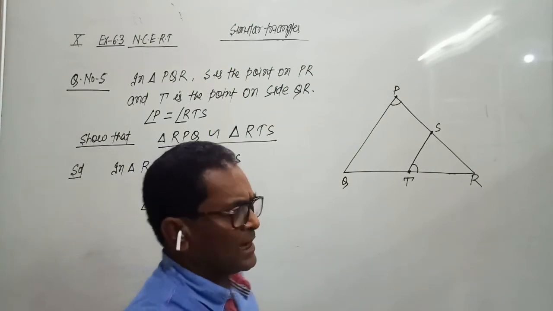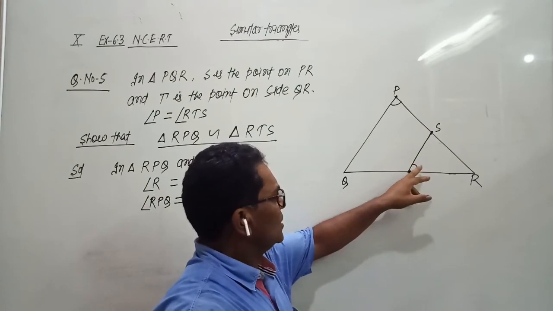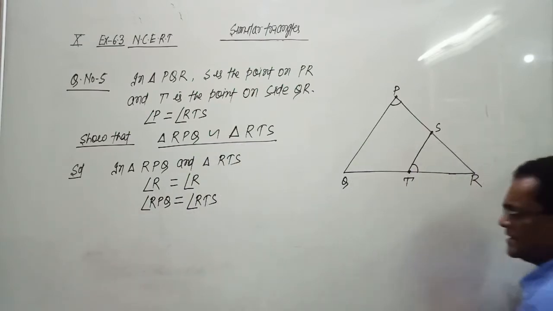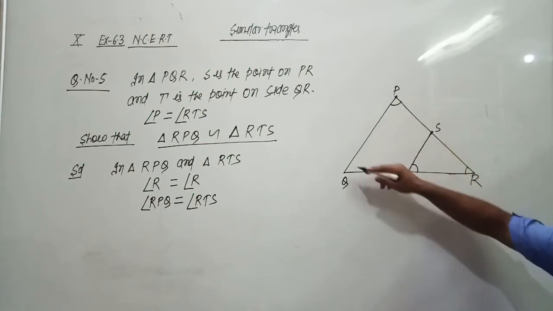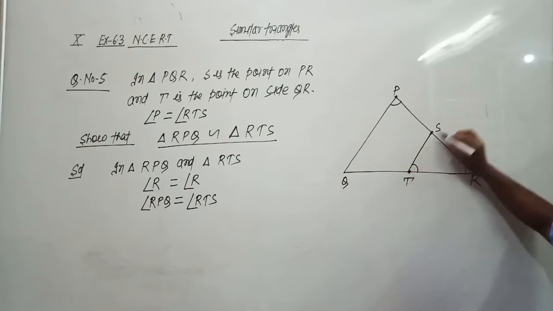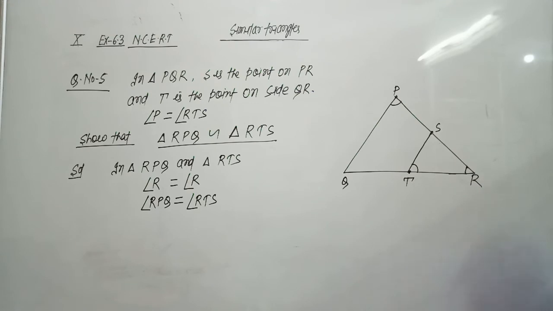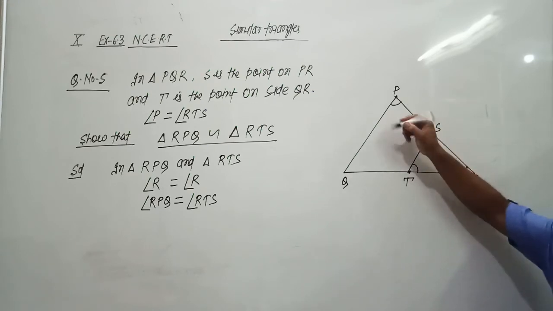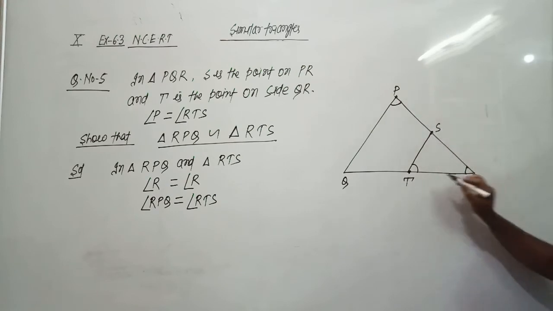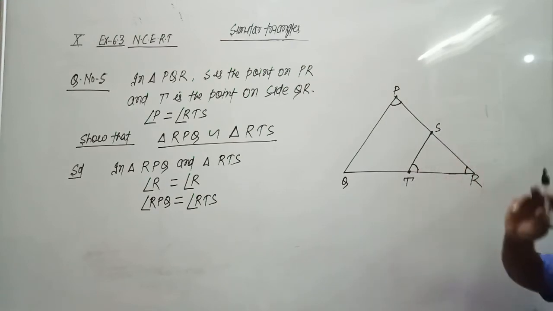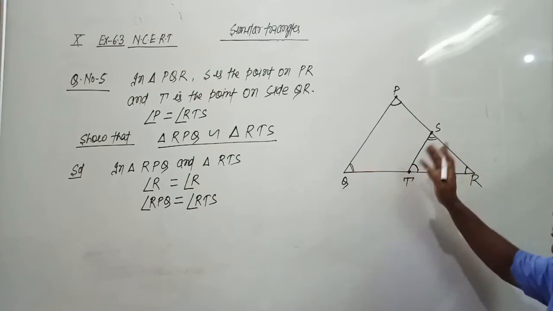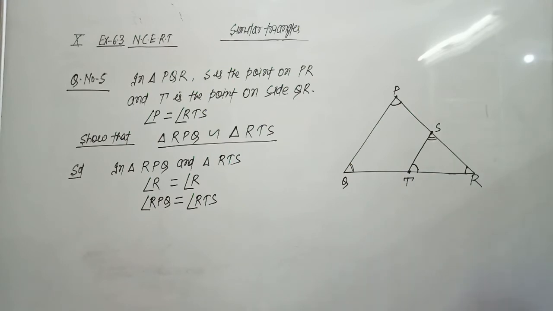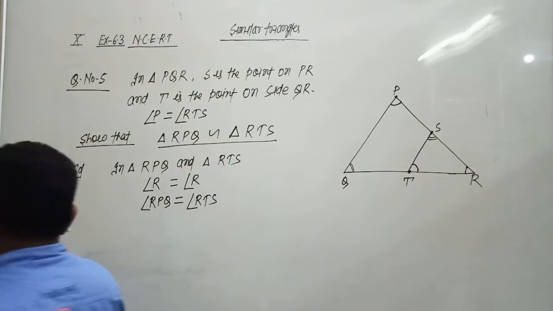So if in two triangles two angles are equal, then the third angle must be equal. In triangle RPQ and triangle RTS, angle R is common for both the triangles, and angle P equals angle RTS. So their third corresponding angles must be equal, because two angles are equal in both the triangles. Or by a corollary, these two triangles are similar.